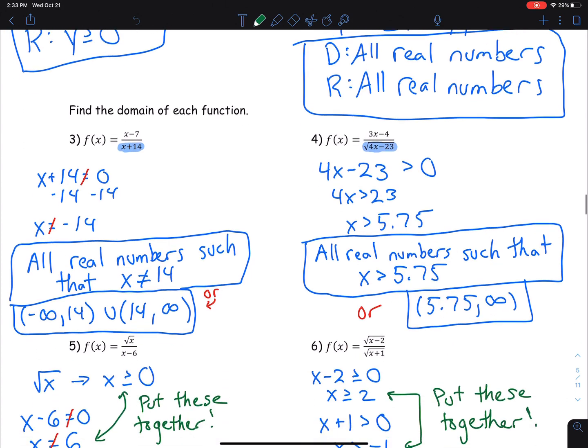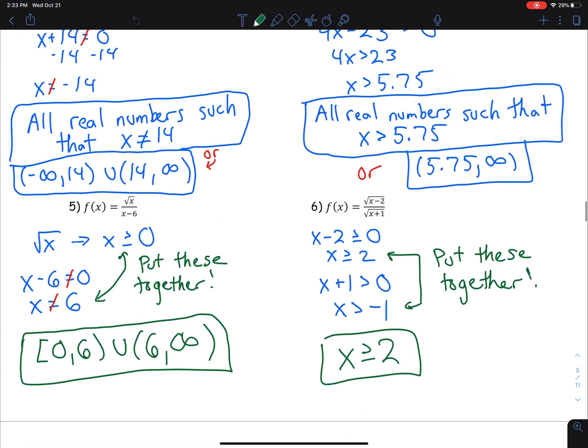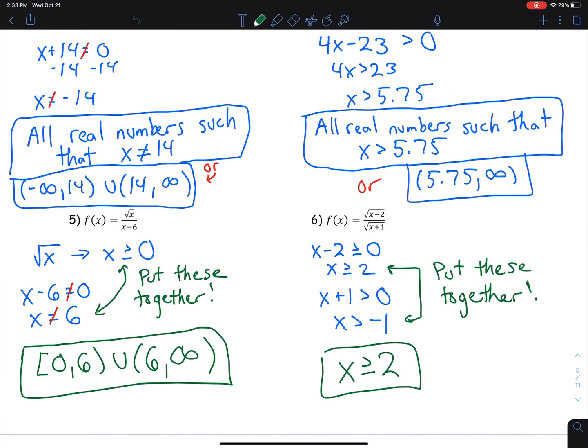And 5 and 6. So 5 and 6 have restrictions in both the numerator and the denominator. So if you take both of those into account, put them both together, look at 5, we kind of have to dance around x equals 6 because the denominator cannot equal 0.